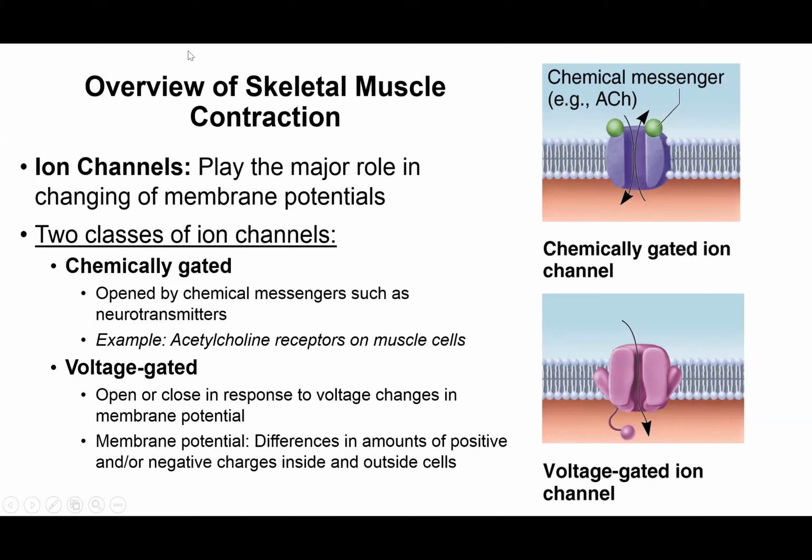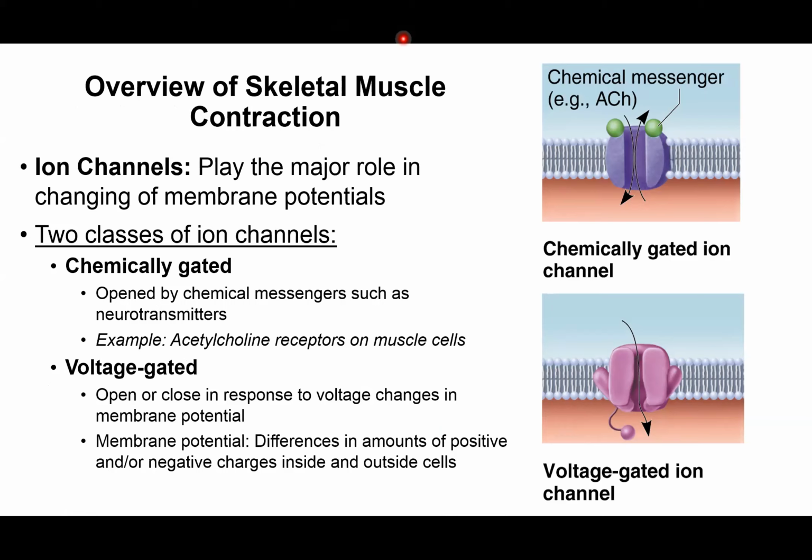All right, so ion channels play a huge role in the ability of our muscle tissue to respond to a neuron signal. And in general, we have two different classes of ion channels.